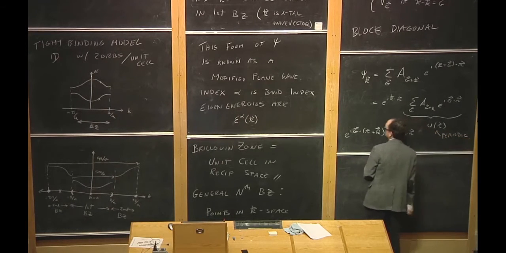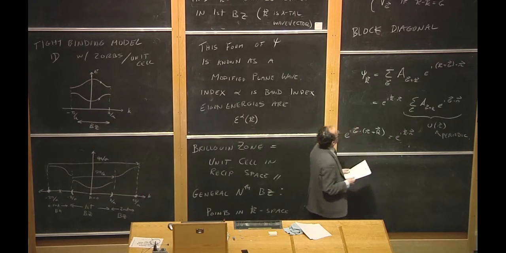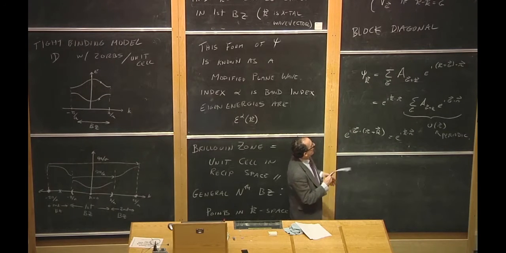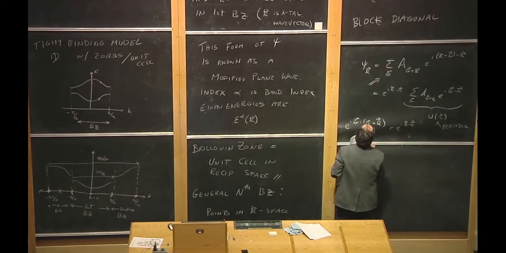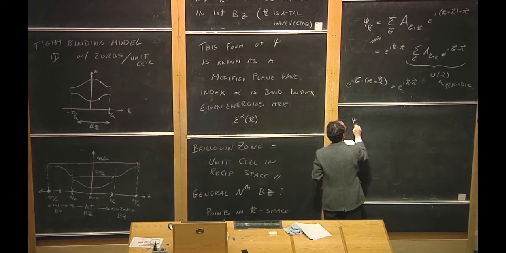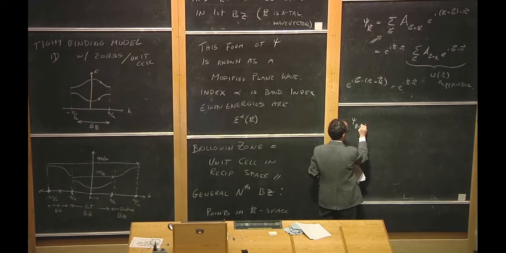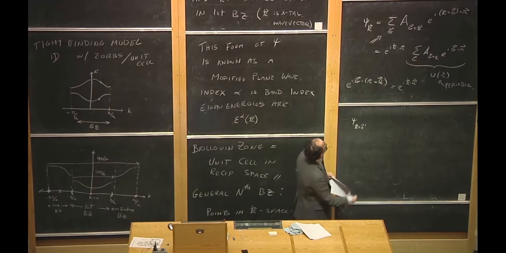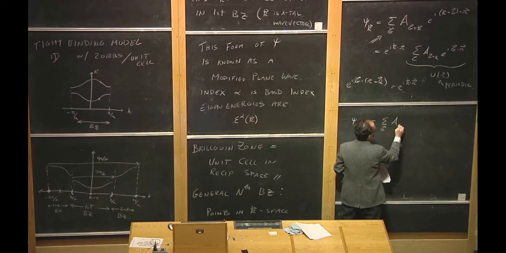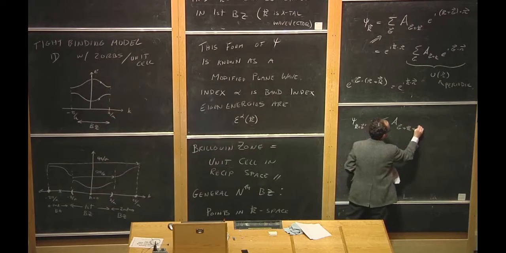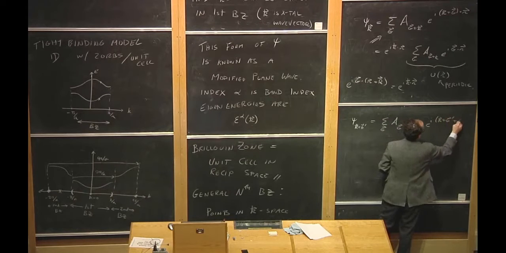as claimed. Okay. Furthermore, we can also check what happens if you take k and you shift it by a reciprocal lattice vector g. So let's actually take this form of psi up here, and let's shift k by g. Actually, I've already used the letter g, so let's call this g prime. Shift k to k plus g prime. So we'll write it as sum over g, a of g plus k plus g prime, e to the i (k plus g prime plus g) dot r.